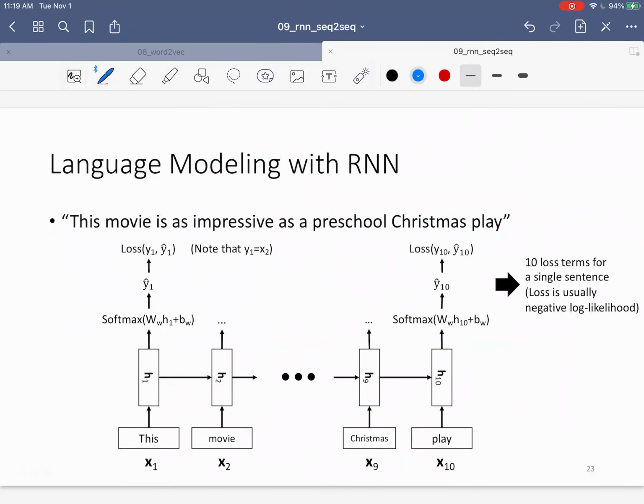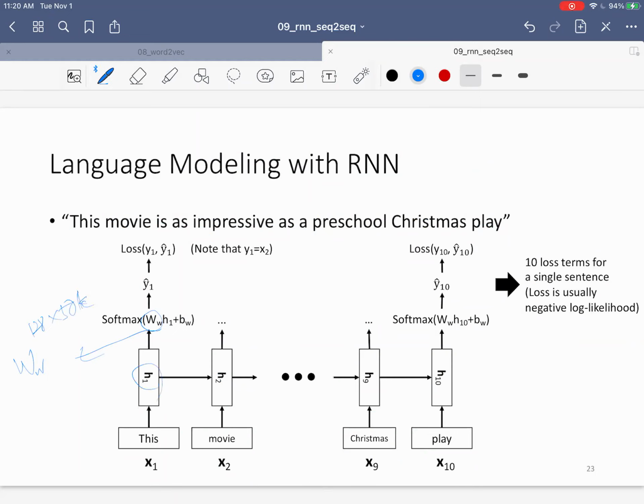Right. So exactly here, there's a softmax layer because you're using your H1 to predict the next word, and the W here should be 128 by 50,000, 128 being the dimension of your hidden layer H1.